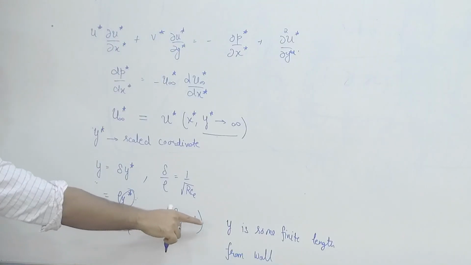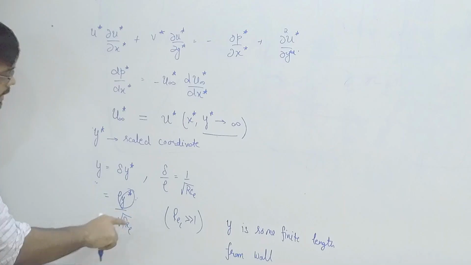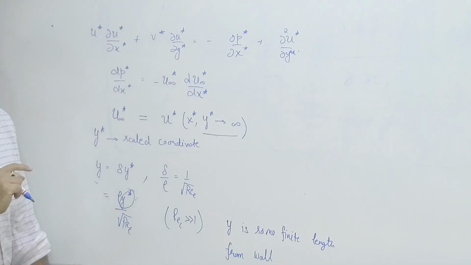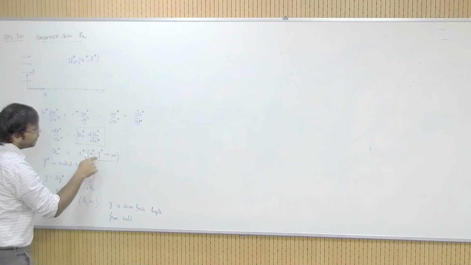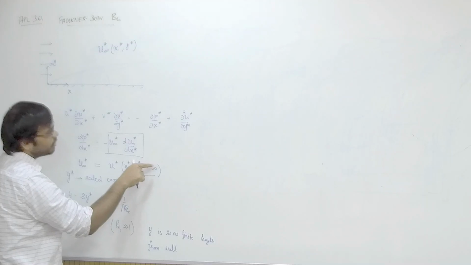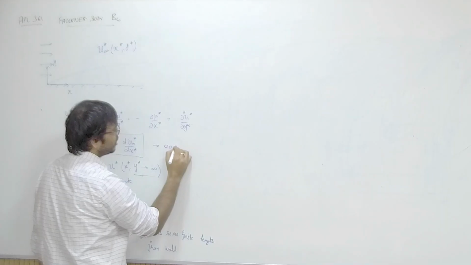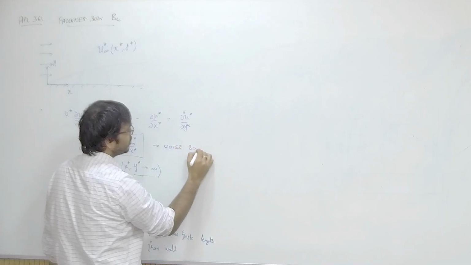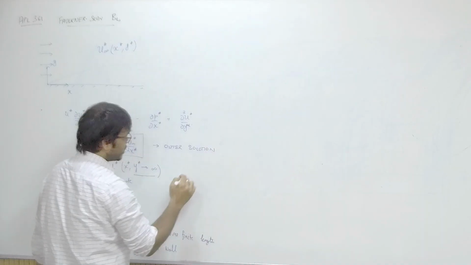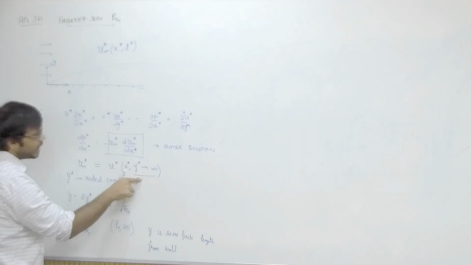So y will not be very far away from the wall, it is just that you will be outside the boundary layer. This y will be outside the boundary layer. So essentially this u infinity, remember this u infinity is from y star tending to infinity. This is your outer solution where your u star is this guy.